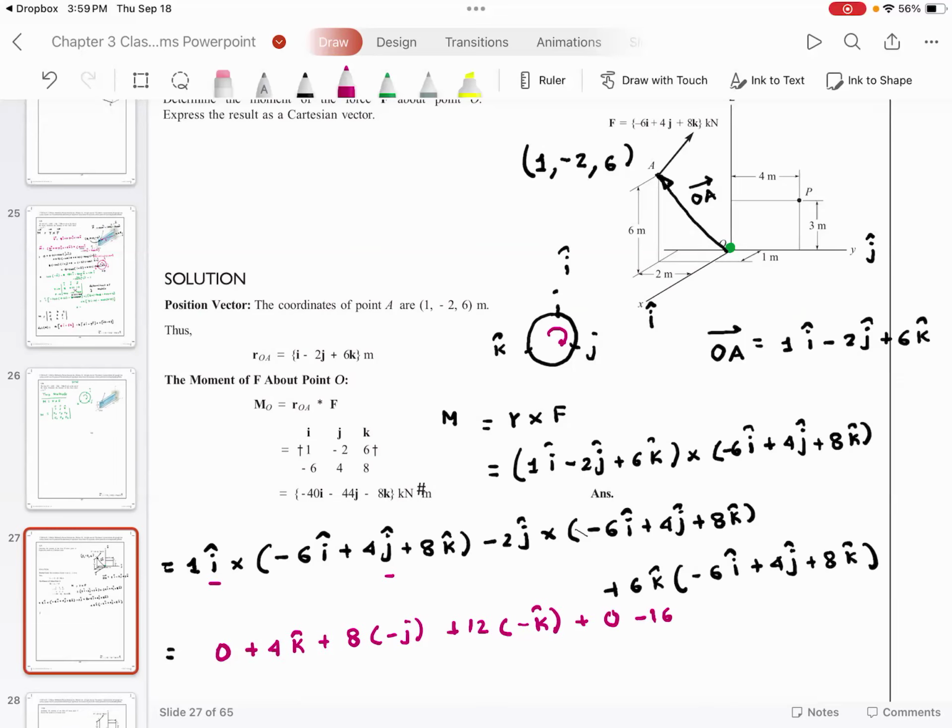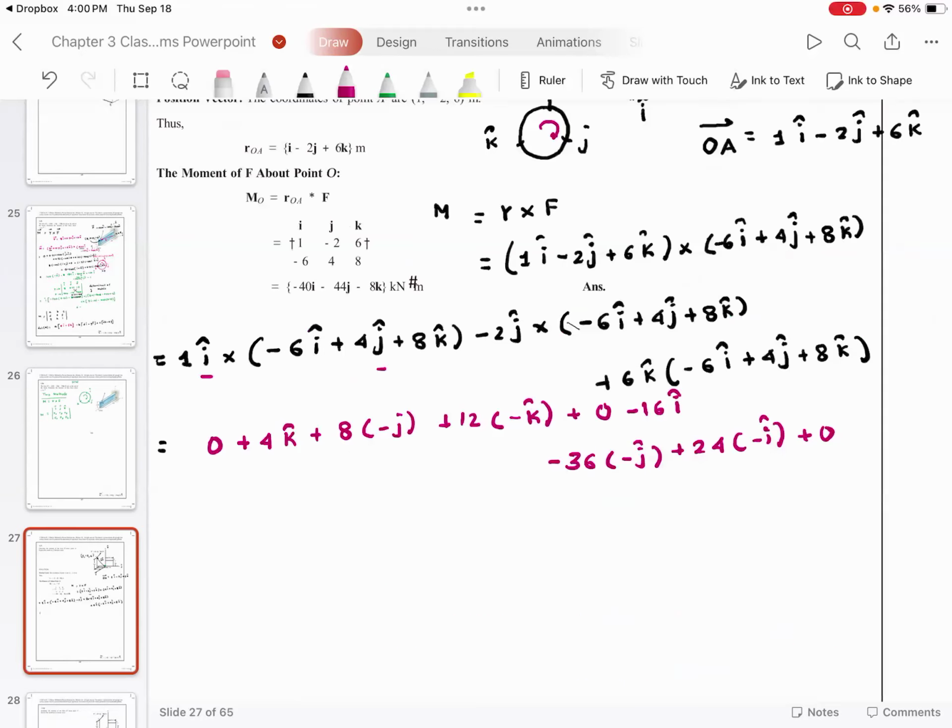J cross K, 6 times 6, which is minus 36. K cross I, K cross J, K cross K. So what do I get here?